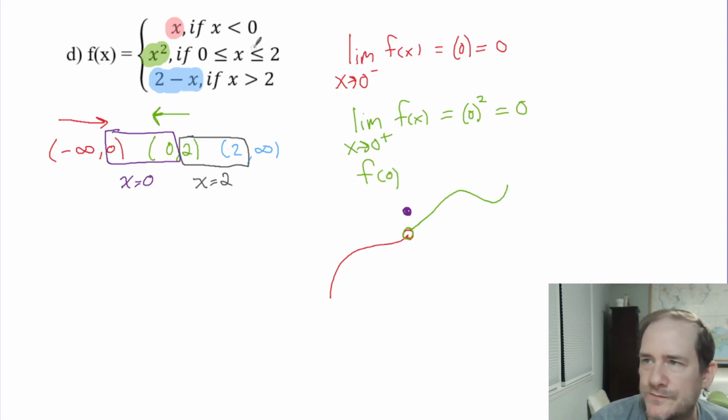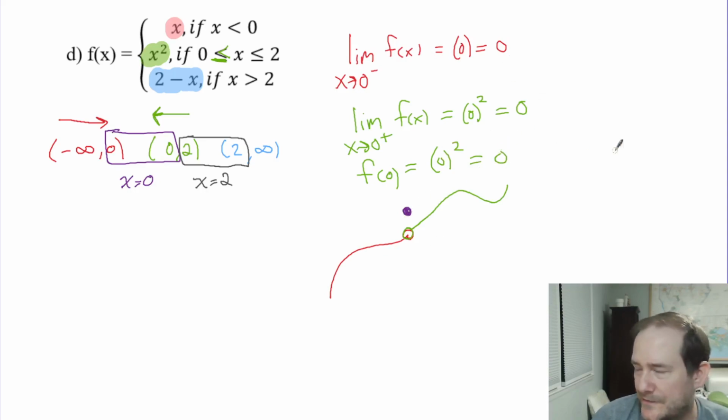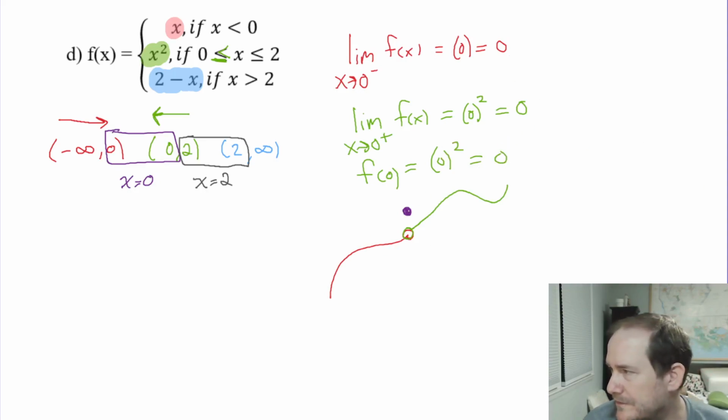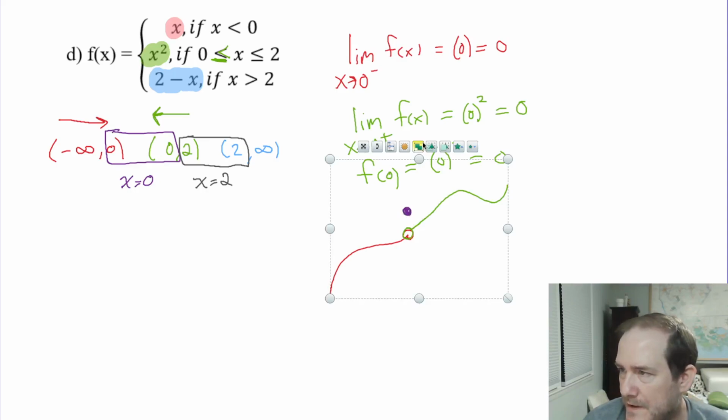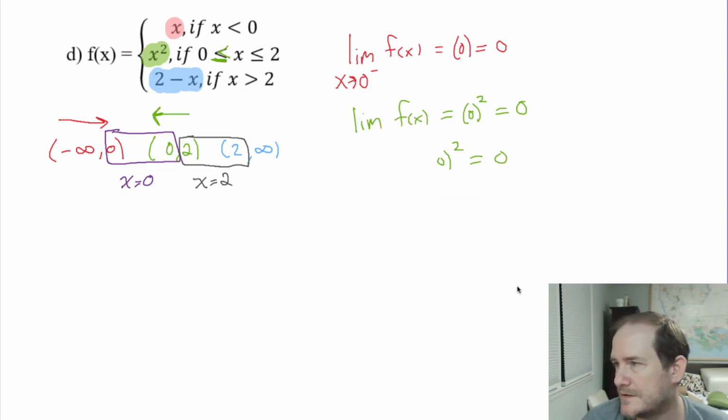Well, 0 belongs to this middle interval. See how it says we can be 0? So f of 0 would come from the same x squared that gave us our limit. So of course f of 0 is 0 squared. And I am getting 0 again, so that's no such luck. We don't actually have a point up here. The value of the function is right there. And so everything is nice and neat, and we are continuous at 0.